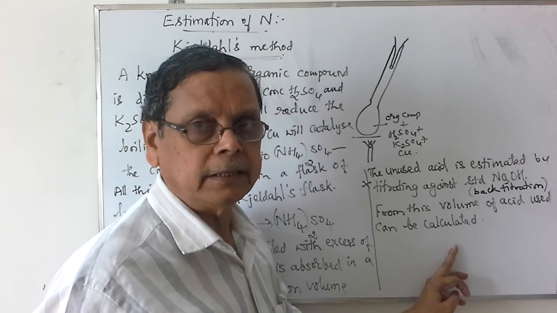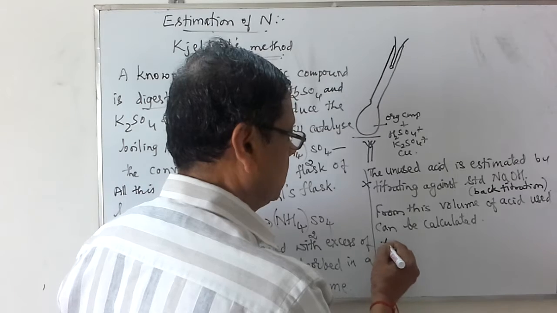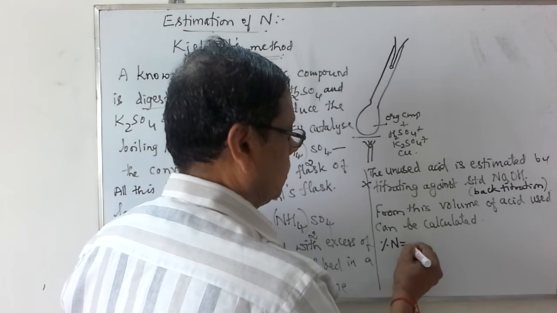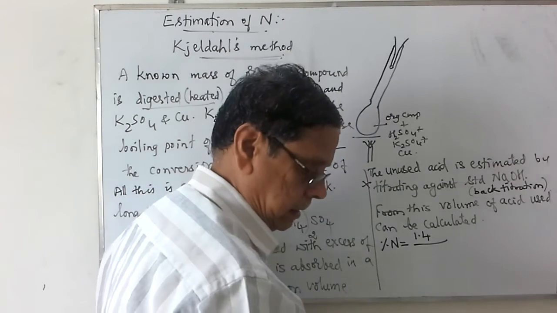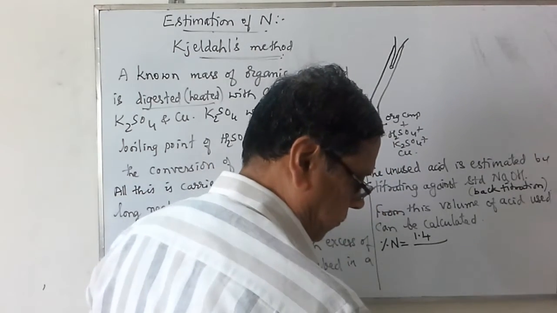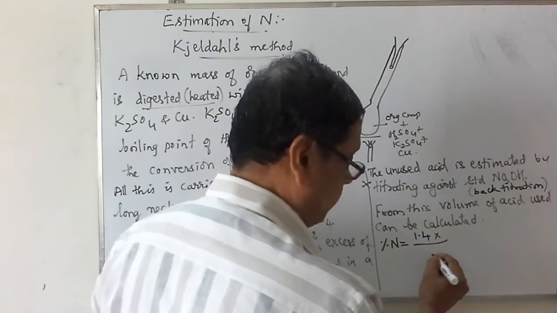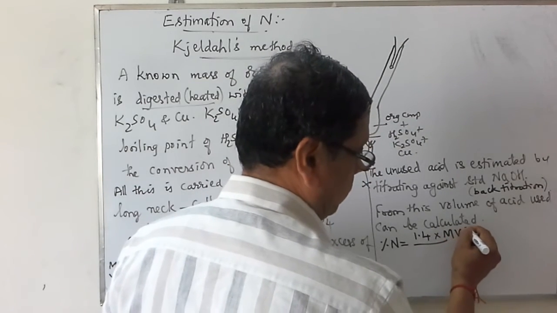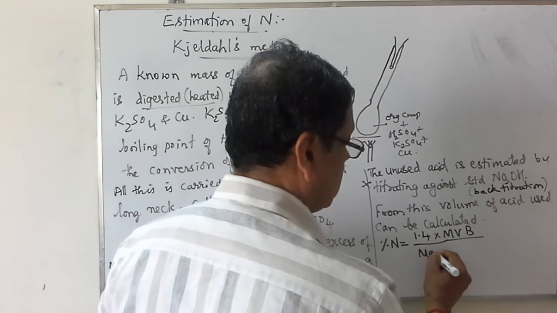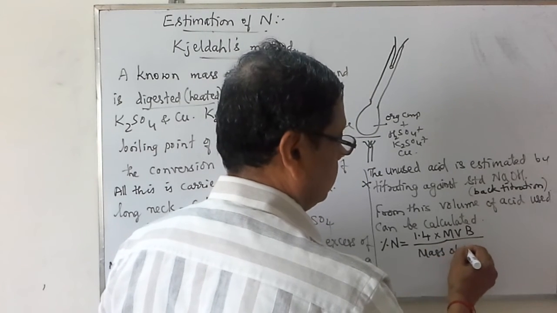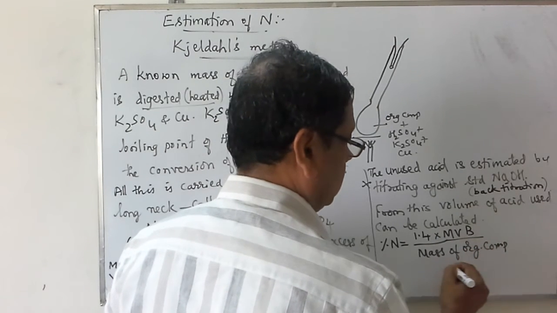From this, we can calculate the percentage of nitrogen, which is equal to 1.4 times MVB divided by the mass of organic compound taken.